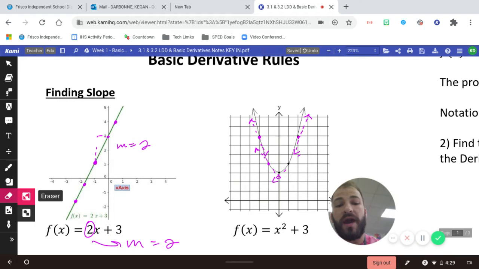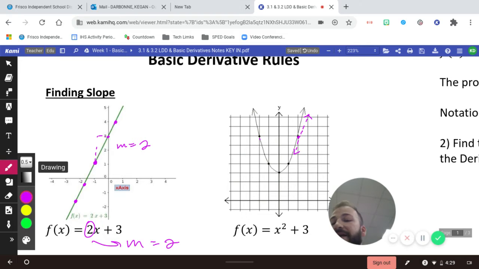So now that we've established that quadratic equations do have slope, how do we go about finding one? Well, we can combine the idea of finding a slope from a linear function with this idea of finding the slope at a specific point. Not just the slope everywhere on the function, but the slope at a specific point.